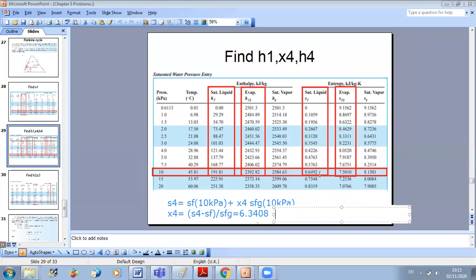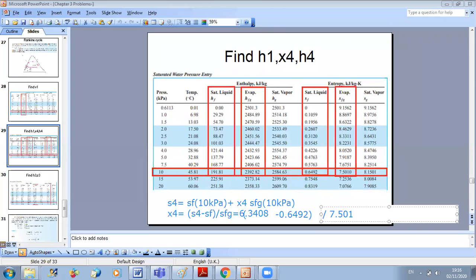It's 0.6492. And we will put brackets here, okay, over SFG. You can read SFG from here, 7.501. So now I can get the quality X at 4.